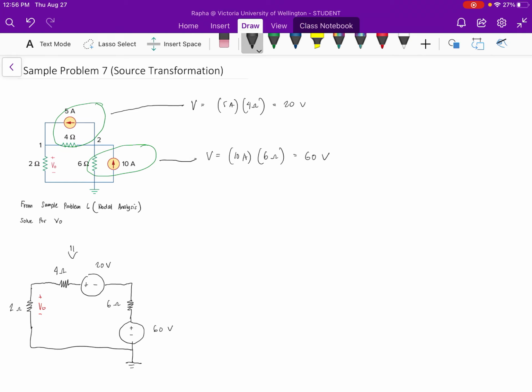In fact, we can still simplify this further. We can add the 3 resistors in series, and that is equal to 12 ohms. The voltage sources can be added as well.